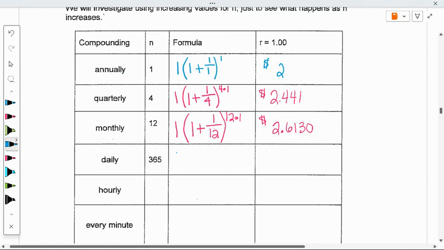Daily. Okay, so I started with $1. My formula is 1 plus 100%, which is the whole number 1, divided by 365, to the 365 times 1 power. How much money do I have now?